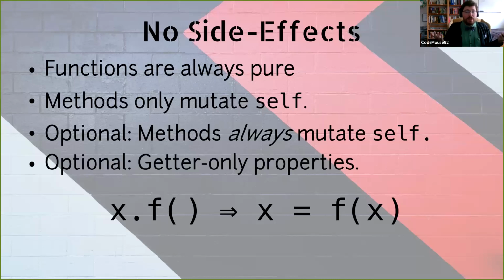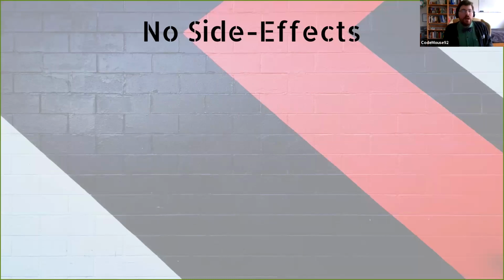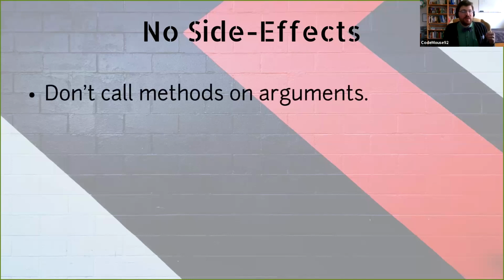We know x is going to be changed by this. What about our get-only properties, our getters? Just make them properties instead of methods, because x.a is not going to change anything. So it separates it out, and we know when x is going to be mutated. But when we're doing this, we have to have a rule of never calling methods on arguments. Functions are supposed to be pure, so a function should never call a method on one of its arguments.